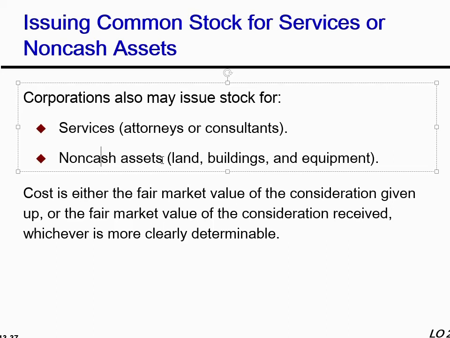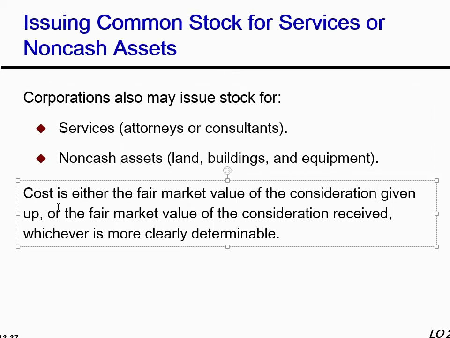Or someone gives the company assets. I mean, somebody is giving his land or building to the company and the company is issuing them shares. So now how do we record the journal entry, because we do not receive any money? What shall I debit? They say the cost is recorded at either the fair market value of the consideration given up.